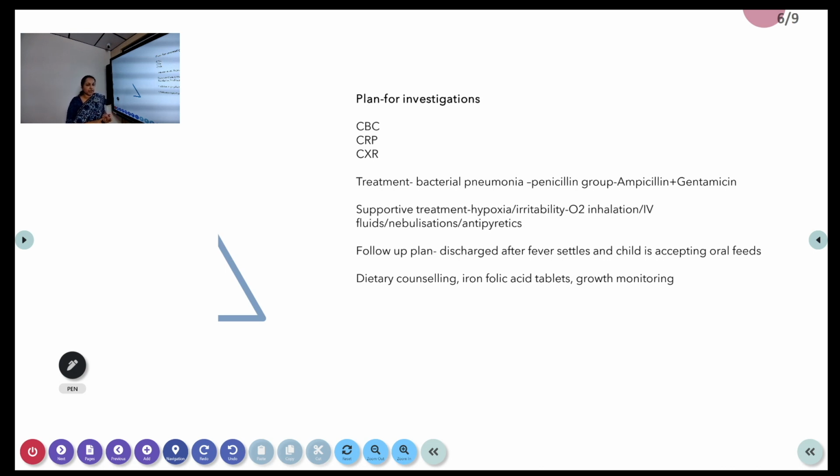If he is anemic, you correct it with iron folic acid tablets, give proper dietary counseling, and a hypercaloric diet. Follow up and make sure he is given all the proper immunizations also. So that is all about a case approach to a case of pneumonia.